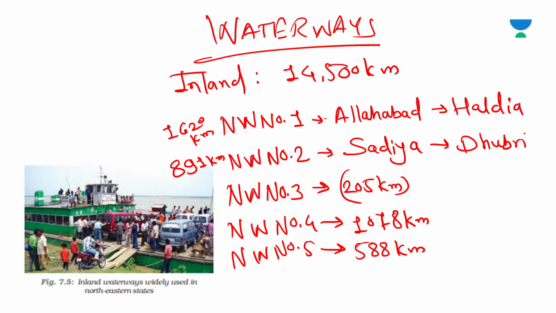These are Mandovi, Zuari, and Cumberjua, Sundarbans, Barak, and backwaters of Kerala. So, friends, apart from this, India's trade with foreign countries is carried from the ports located along the coast. So, 95% of the country's trade volume is moved by sea.